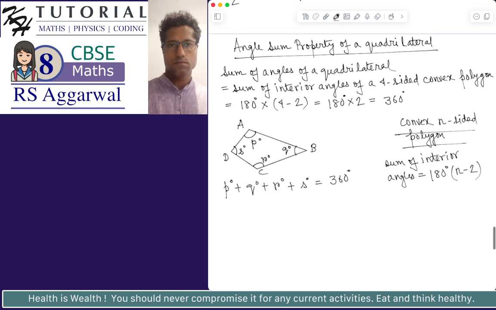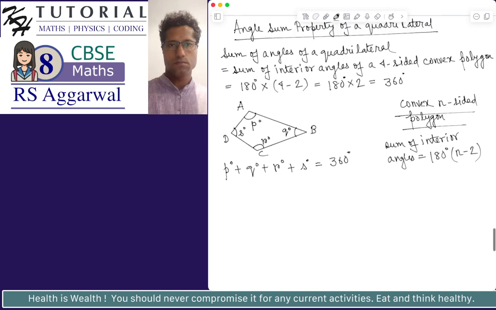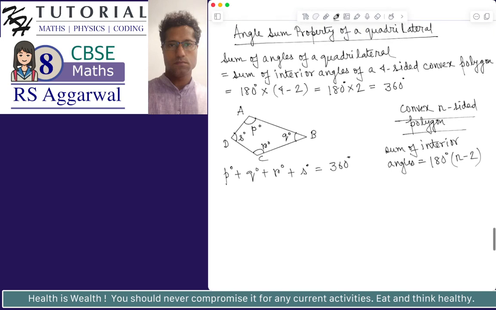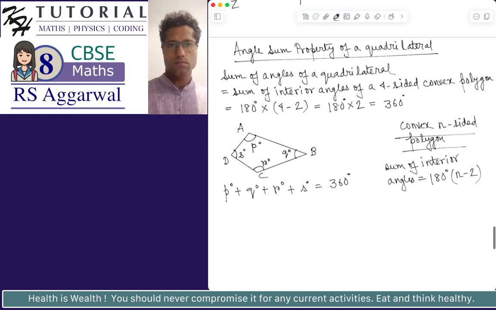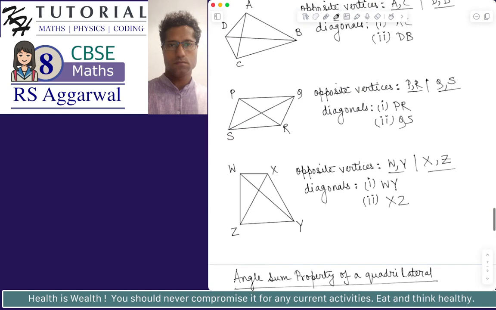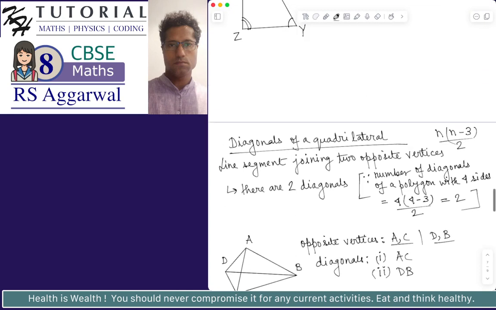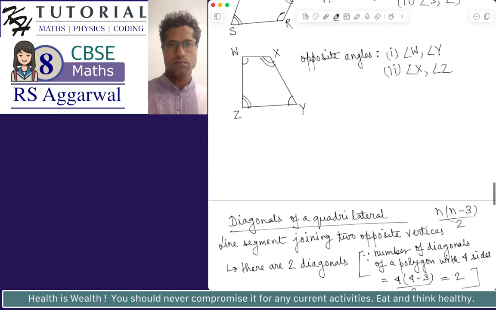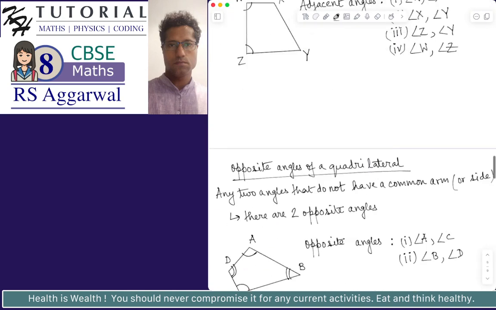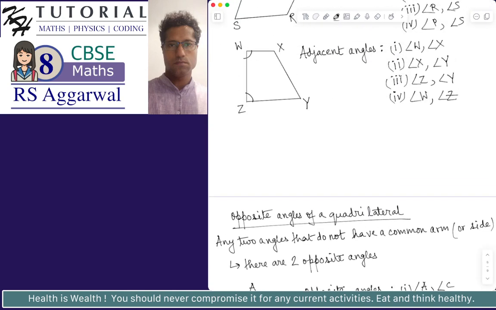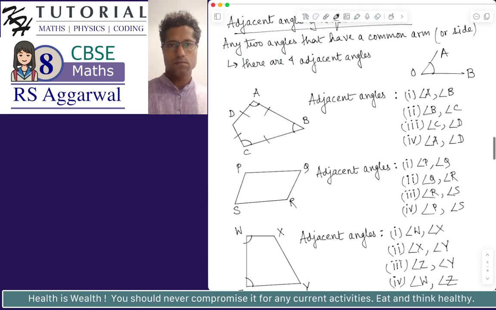So that is all regarding the theoretical concepts, and there is no such formula, but these are all theoretical concepts of a quadrilateral. In the next video, based on these concepts, I will solve exercise 15A from the textbook of author RS Aggarwal. And the next chapter is parallelograms. Let me check quickly.